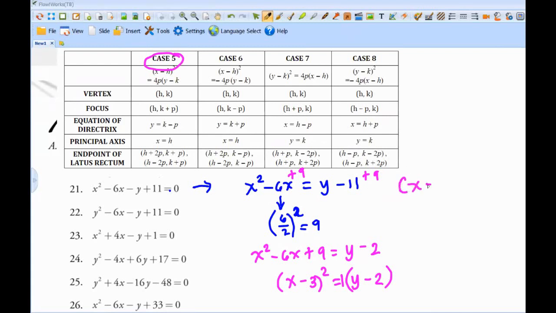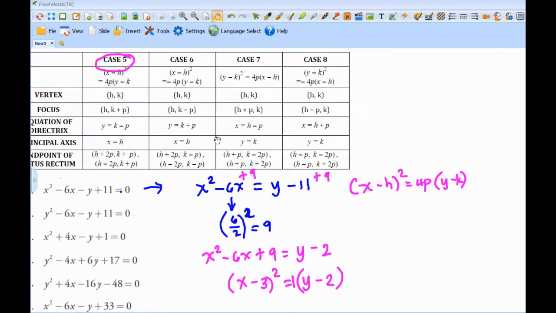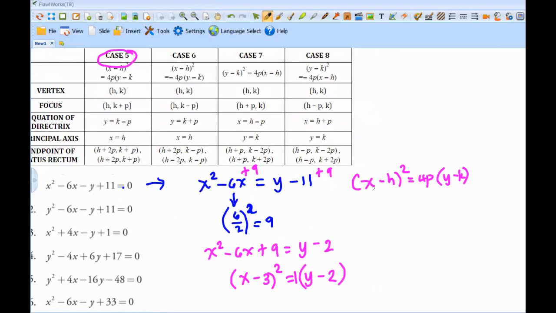So we will copy that: x minus h squared equals 4p times y minus k. Okay, now we have our equation x minus 3 squared equals 1 times y minus 2. So we can identify the vertex h, k.